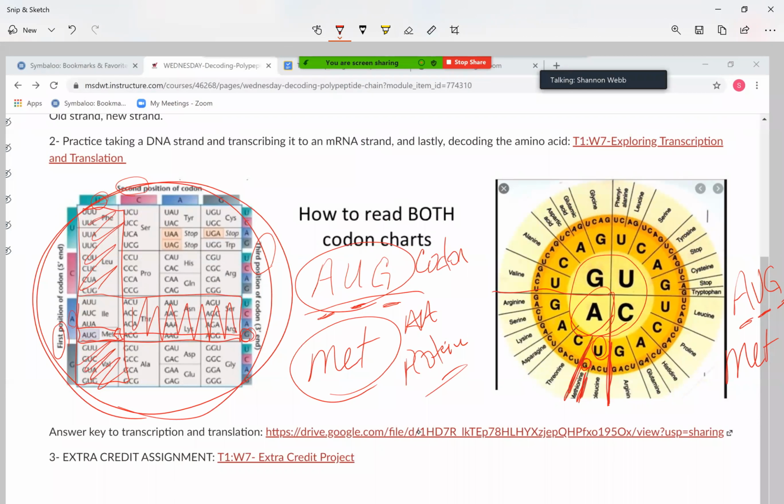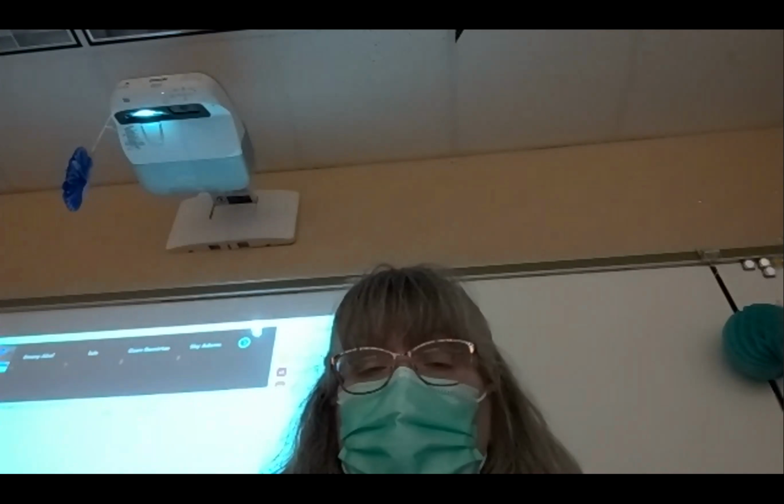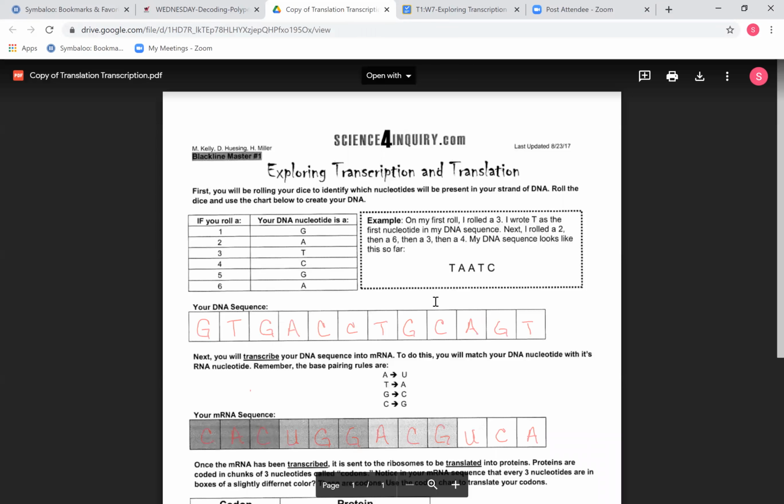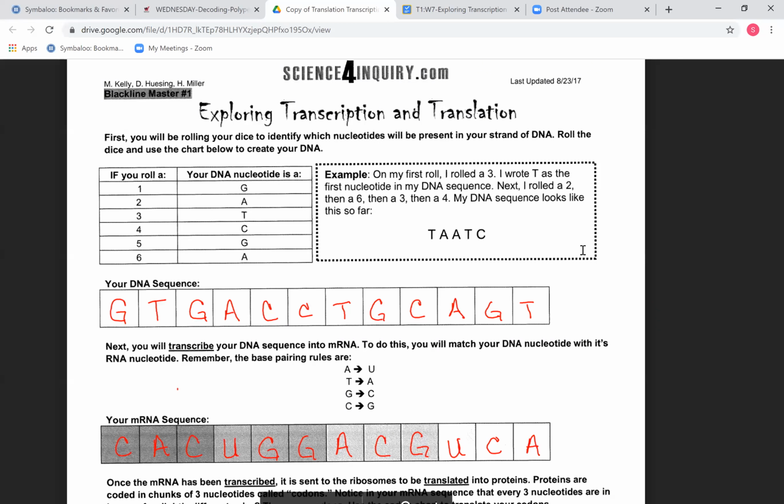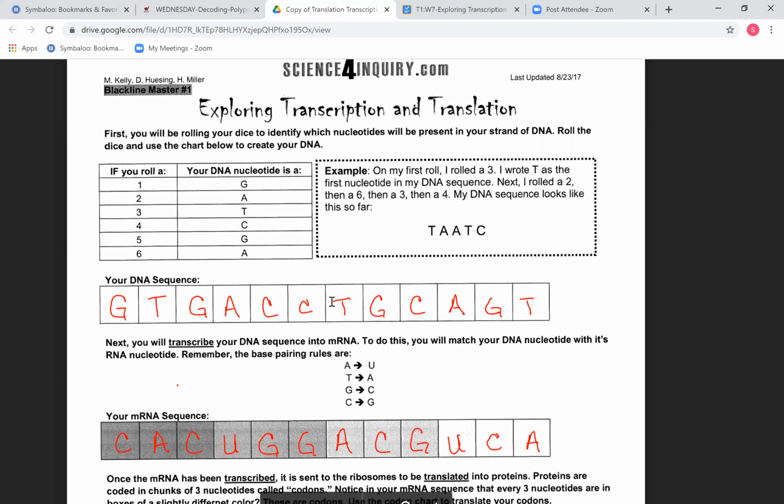If you go down here to the bottom, it's going to be, oops, let me take that away. This here is actually my copy. I did it myself. I came up with my DNA strand, my sequence there by rolling the dice.